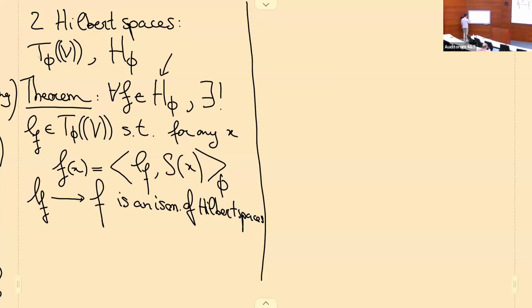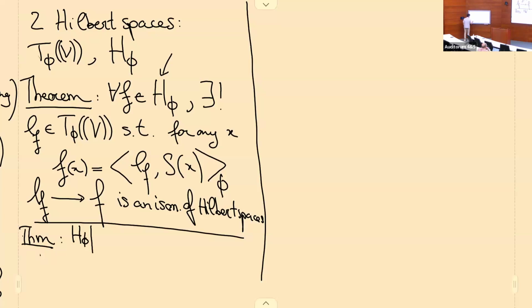And then there are several results, as you would expect. H phi is universal. This is another theorem that you prove very similar to the one we saw yesterday. I'm not going to write the details, but essentially H phi is universal.